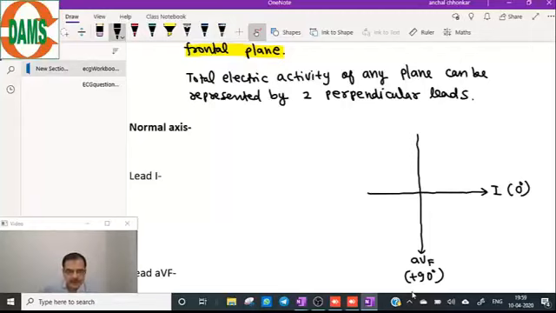So we have to see the QRS complex strength in lead 1 and AVF.